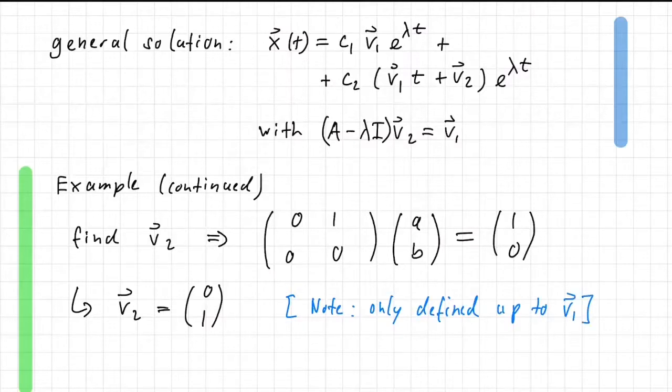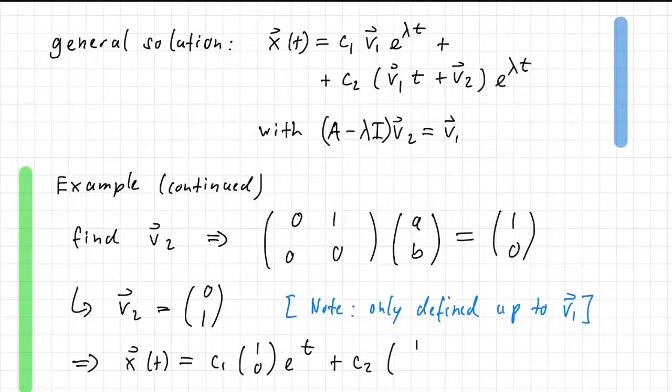There are different solutions possible, but in the end, this just means that your coefficients C1 and C2 will be slightly redefined. So with that, we can write down the solution, which is x of t equals C1 times 1, 0 times e to the t, plus C2 times 1, 0 times t plus 0, 1 times e to the t, where I just plugged in the eigenvalues, the vectors, and lambda equals 1 that we computed before.